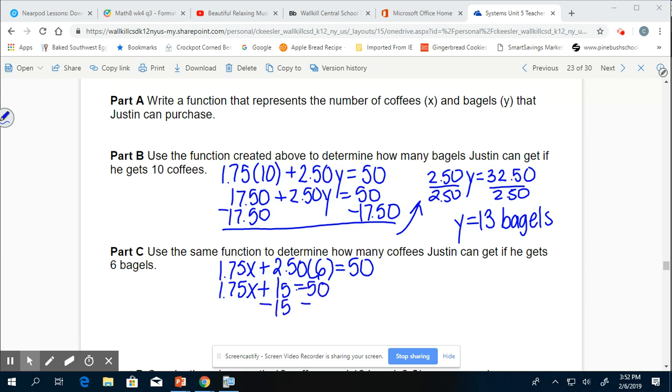Subtract the 15 from both sides. We get 1.75x equals 35. Divide by 1.75.